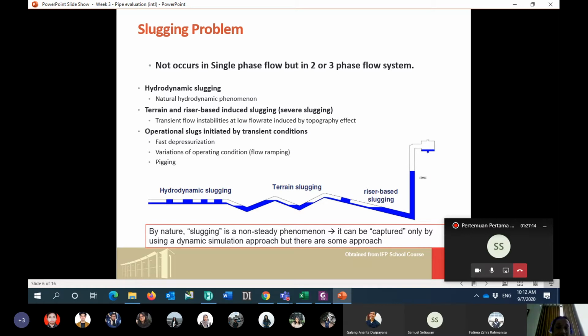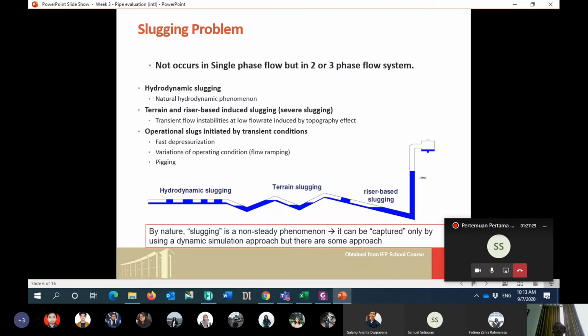So there is a tendency that the slugging problem will occur during transportation from the well to the plant. There are many types of slugging: hydrodynamic slugging, terrain slugging.